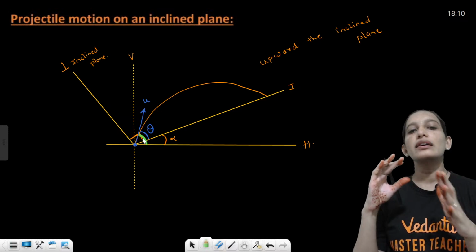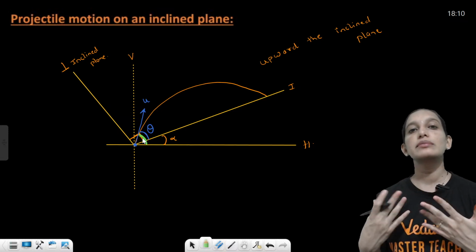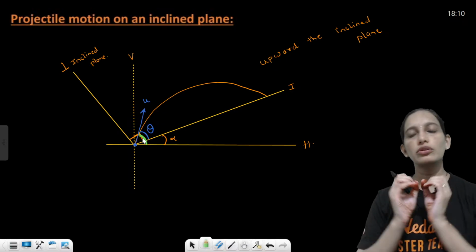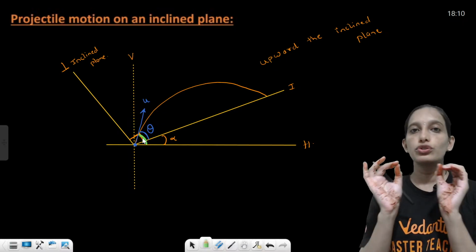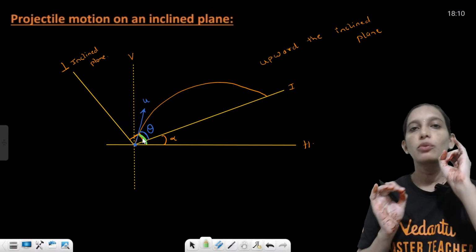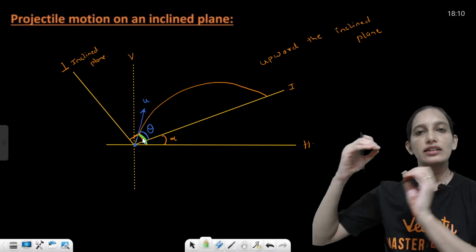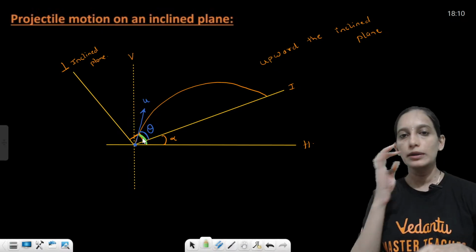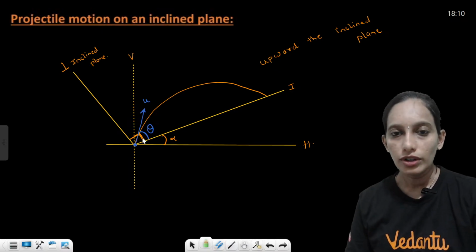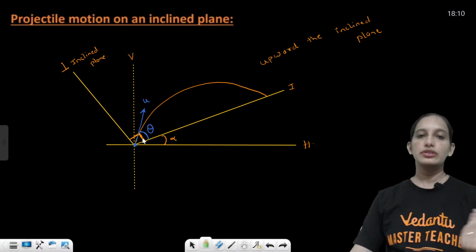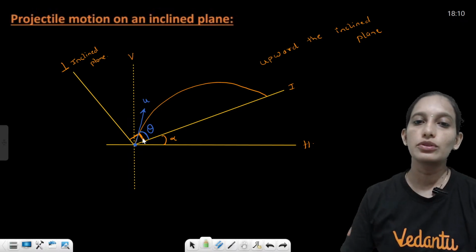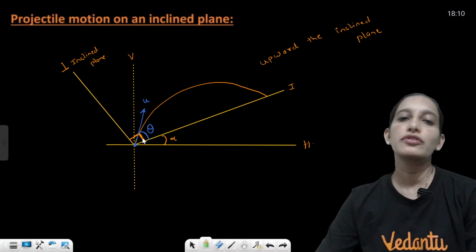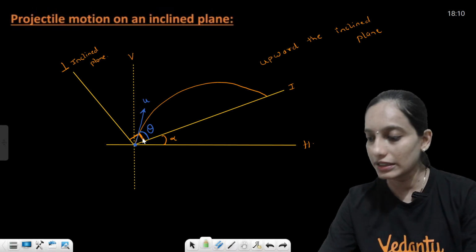In their formula, wherever I have theta, they will get something like theta minus alpha. Some minute changes will be there, but both are the same. You should know what you are considering as theta, and correspondingly you have to take the formula and the values from the problem. I'm repeatedly telling you because you might later get confused that the formulas look different, and in some books the formula may look different. That's why I'm telling you.